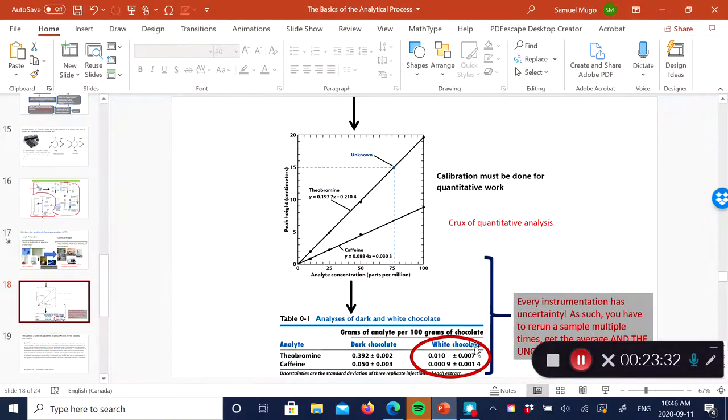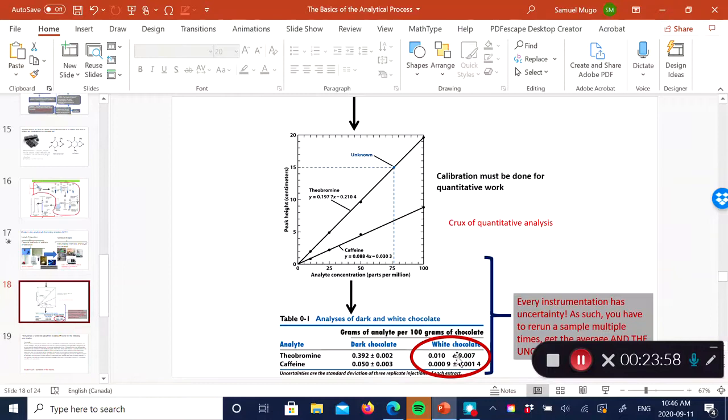Now, the data that you get, in almost all cases, is a mean, meaning you have to run your samples multiple times to be sure. But in almost all cases, you also have the standard deviation. Never submit data where you only give the mean and no standard deviation, because every instrument has some uncertainty.